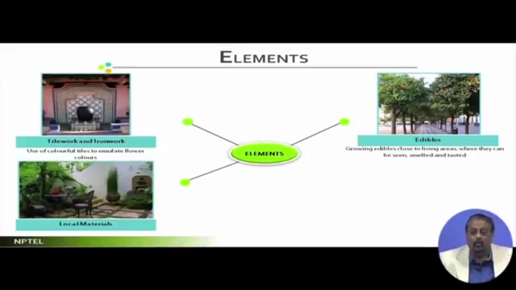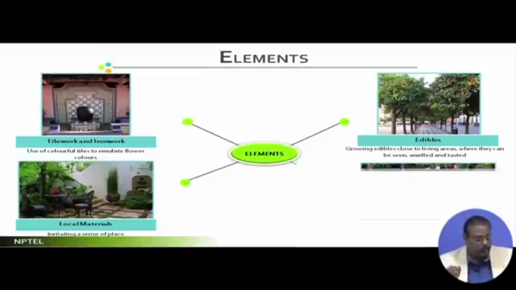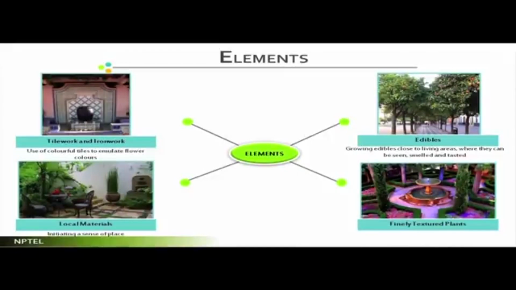Then they used local materials, stones and other materials, for paths and other things. Of course, these materials were used for buildings, but for landscapes, the pavements and all these things were done with local stones. Whenever they used stones and other local materials, people felt at ease and thought, it is our place. So this gives a kind of originality to any landscape that they create.